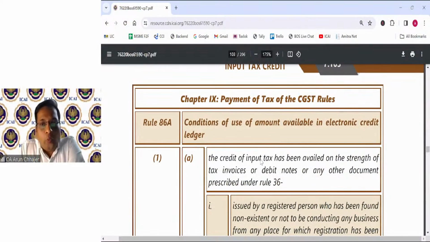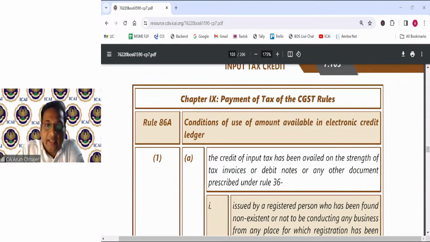Now we are reading rule 86A, which talks about the condition of use of the amount available in the electronic credit ledger.